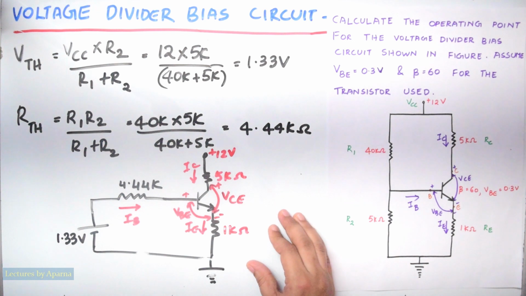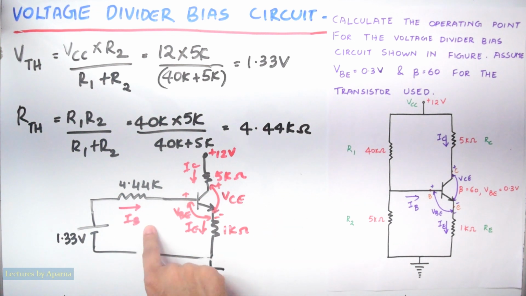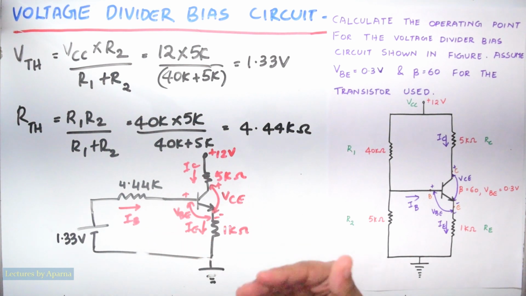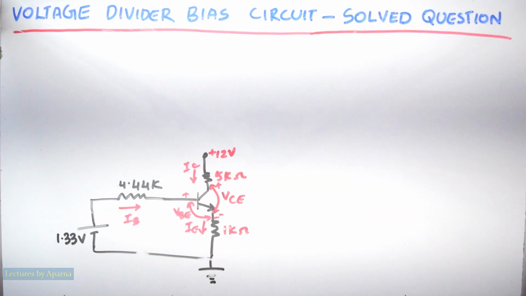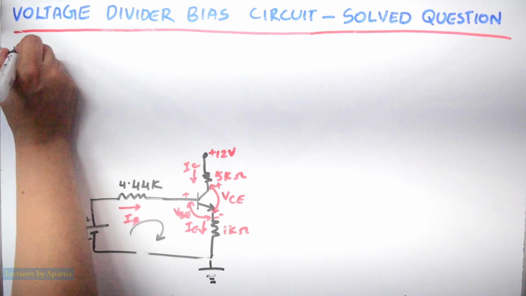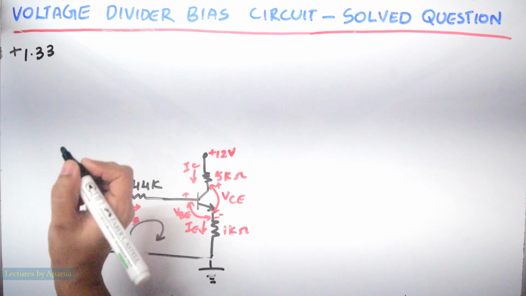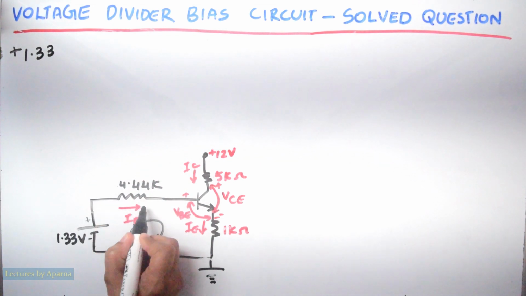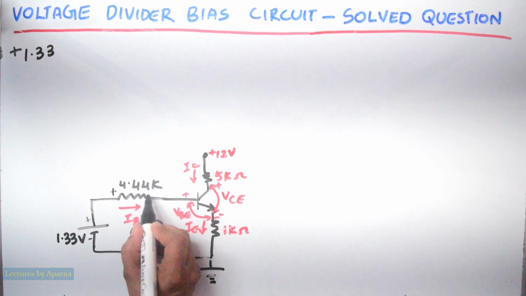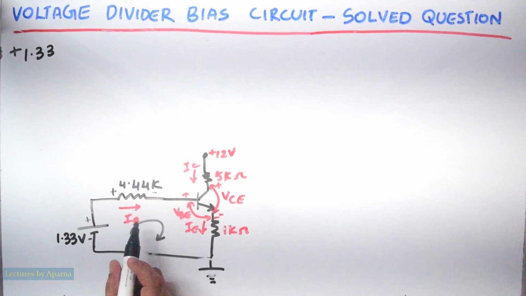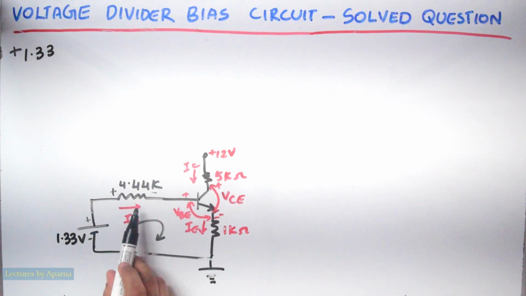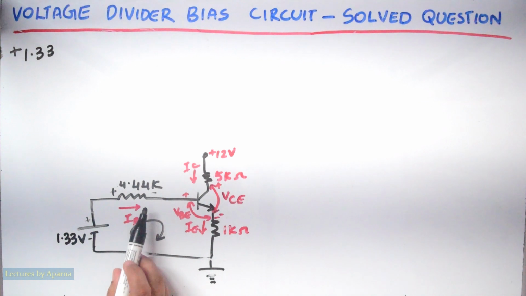Now we have to start our analysis. First consider the input section and write the loop equation using KVL or Kirchhoff's voltage law. We have to consider this loop first. So when we go in this direction it is minus to plus, so it is an increase in potential, so plus 1.33. When I reach here, current is flowing in this direction, from a higher potential to lower potential. So it is a decrease in potential.